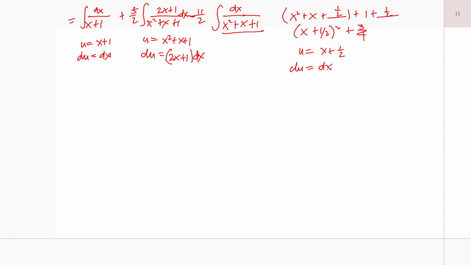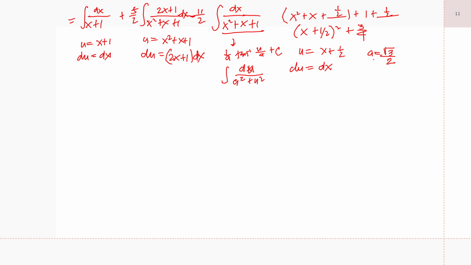Our du is equal to dx. By the use of this one, it is arctangent, equivalent to 1 over a inverse tangent of u over a plus c, because this is in the form of integral of du over a squared plus u squared. So our a is equal to square root of 3 over 2.